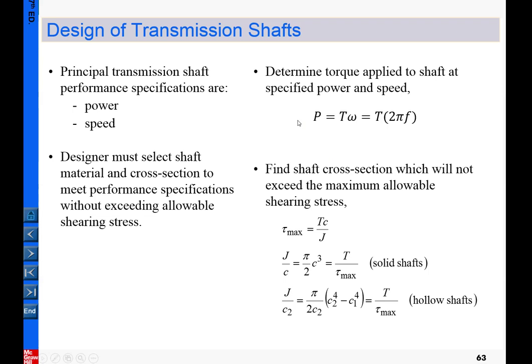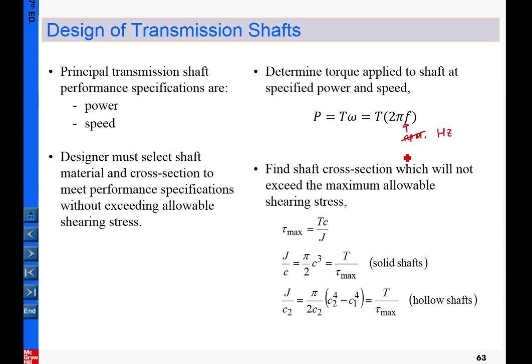Usually we have this formula: P is the power, and omega is the angular rotation of the shaft. If we convert it into f, basically f is the frequency in hertz.